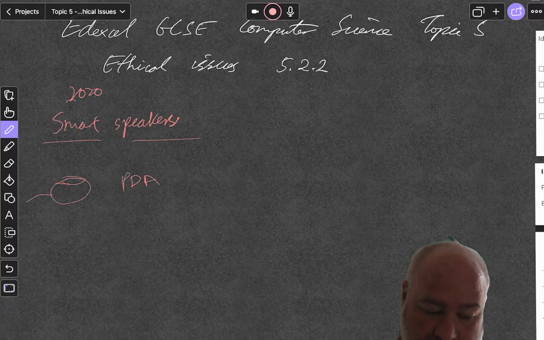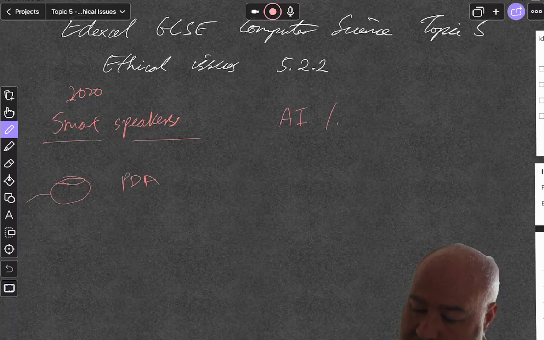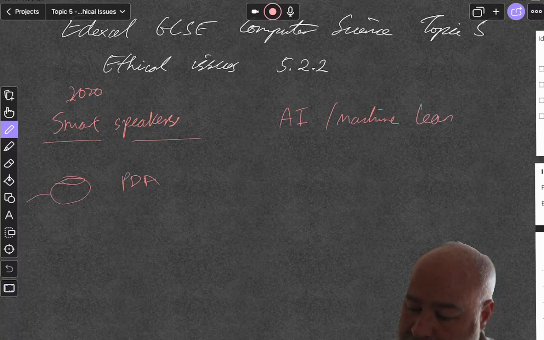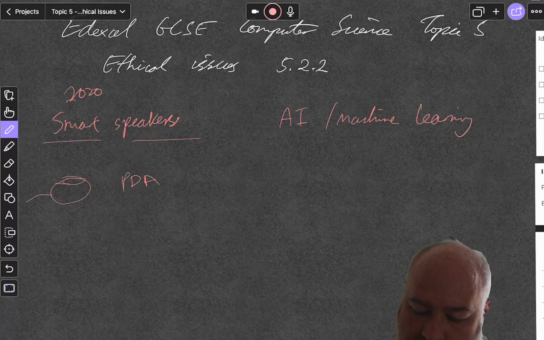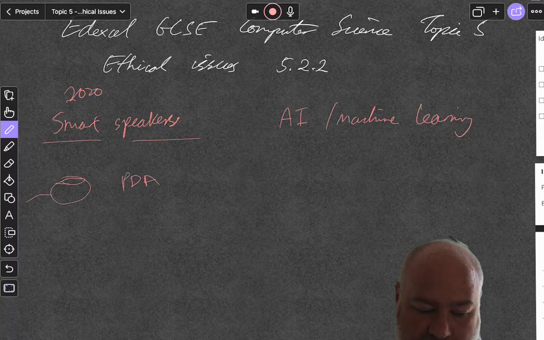This is the scenario that will most likely happen, and it will probably also talk a little bit about AI and machine learning. But again, it's a little bit out of date, so don't start using really modern examples.